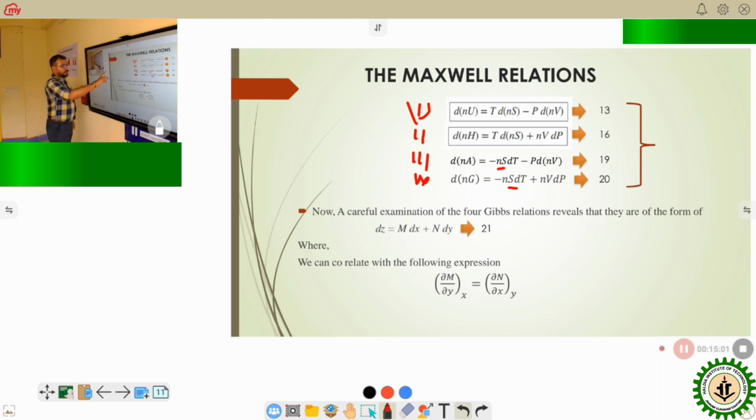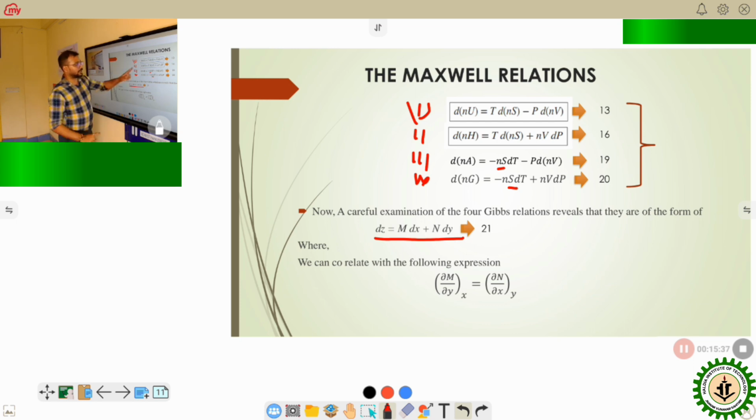For the Maxwell equations, all the Gibbs functions, or all the fundamental relations, also known as the Gibbs relations or Gibbs equations, can be formed like dz equals M dx plus N dy, a mathematical representation. If we do the exact derivation and the partial derivation, we can get different mathematical expressions of the fundamental relations, known as the Maxwell relations.